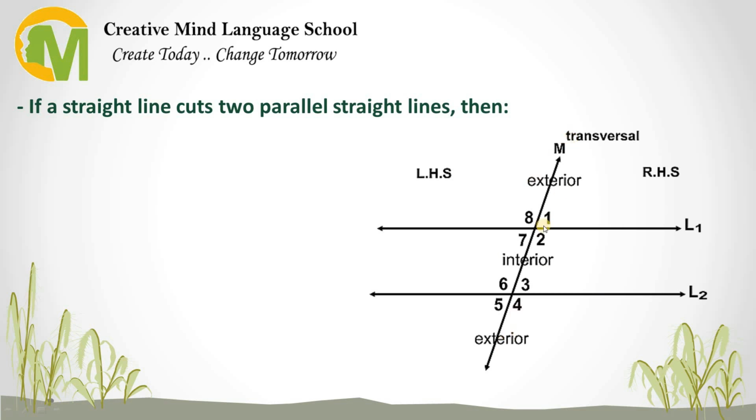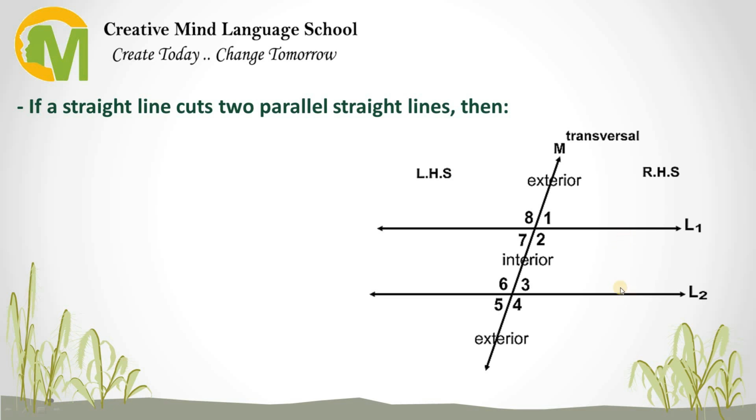Therefore, the transversal cuts the plane into two sides, the left-hand side and the right-hand side. Furthermore, we have three parts accordingly: two exterior parts on the two sides of the parallel straight lines and one interior part between the two parallel straight lines.